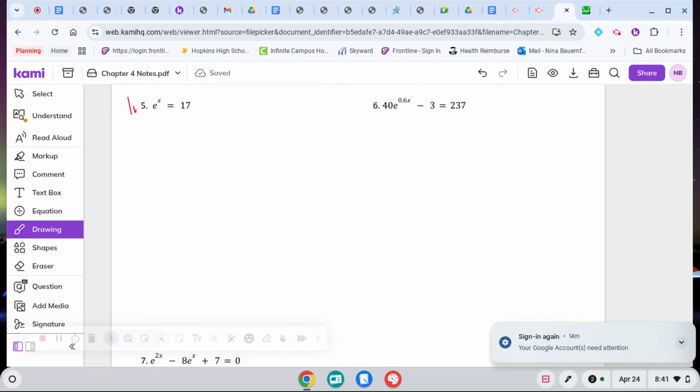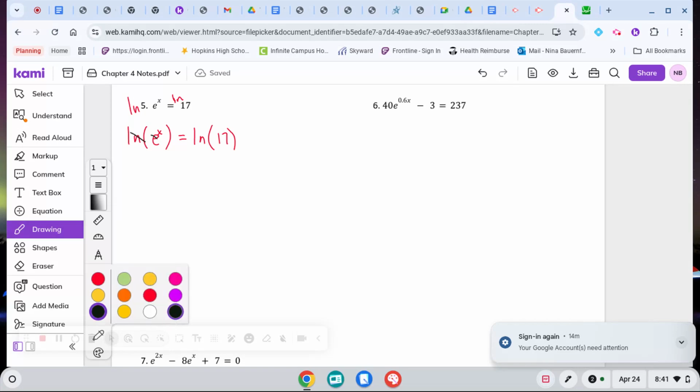If we natural log both sides, we get natural log of one side, natural log of the other. So we have e to the x and 17. Natural log and e cancel each other out, so we end up just having x equals natural log of 17.